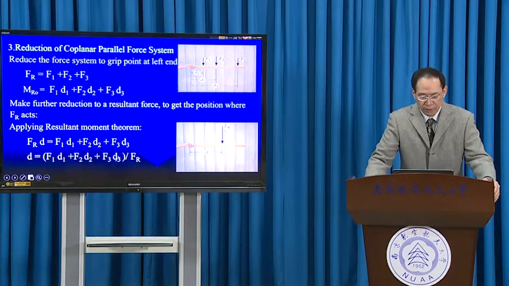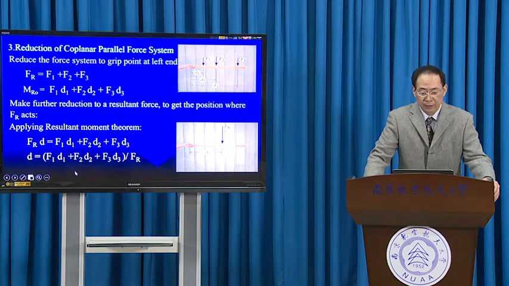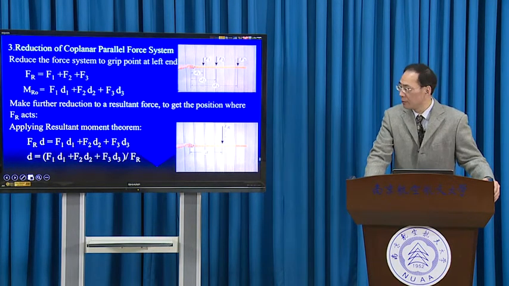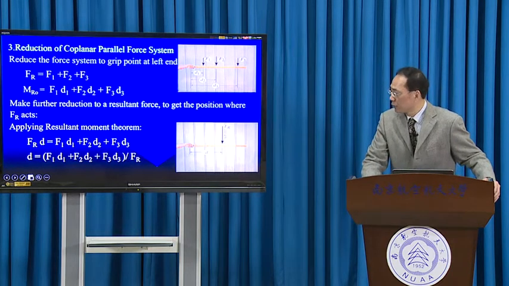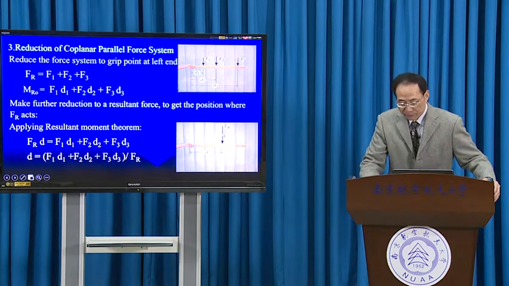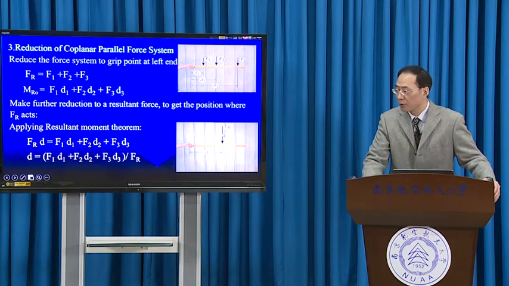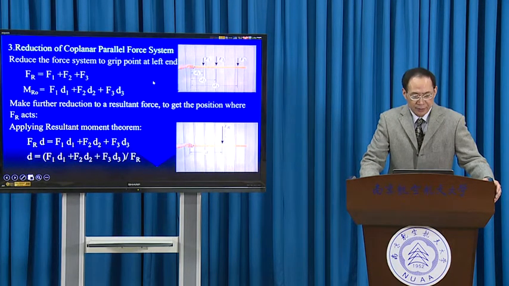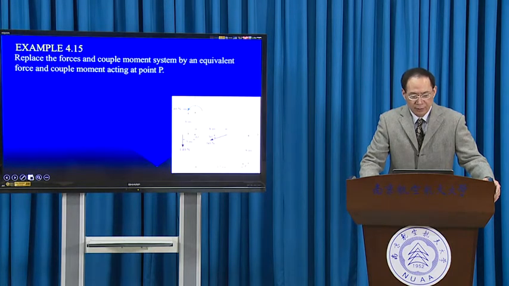Finally, we can determine d. d is the bracket divided by Fr. So now the resultant force acts at another point with a distance d from the left end. So this is the third special case. Now let's do an example.